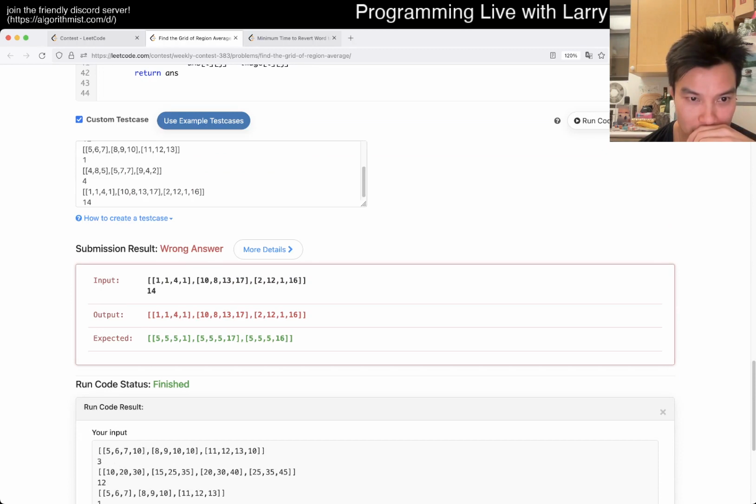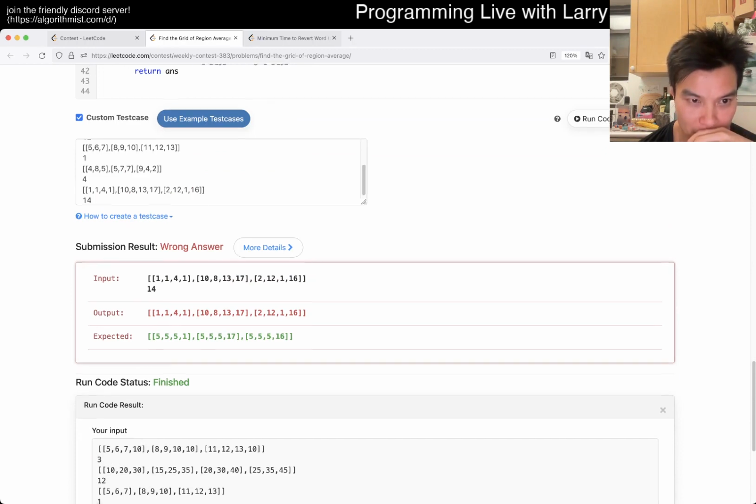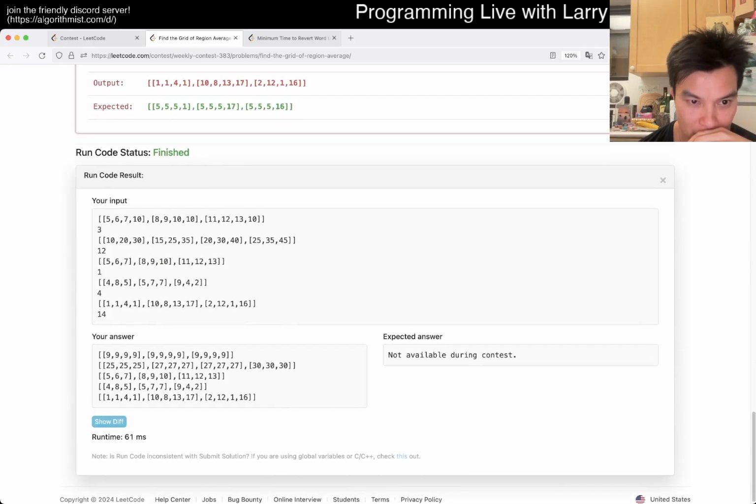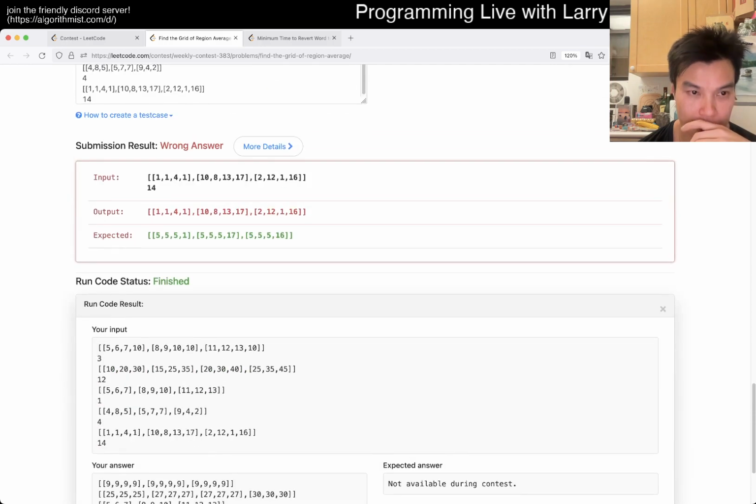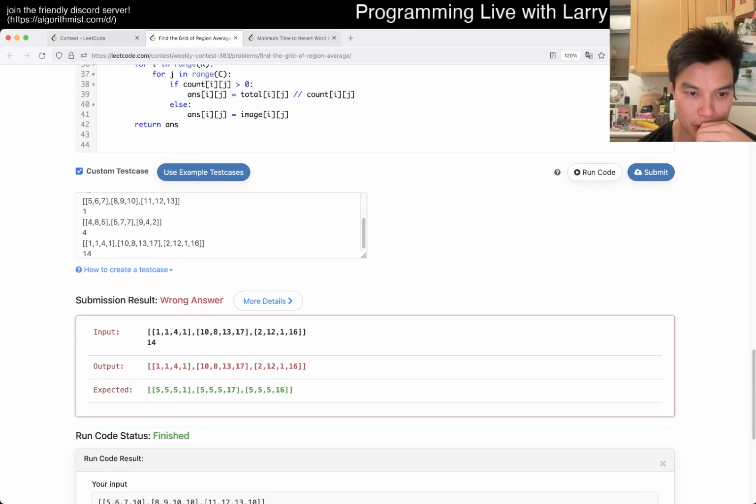Oh, so it's saying that 1, 1, so the first 3 corners. 14. Oh no, I'm saying that it is not, but it should be returning true.